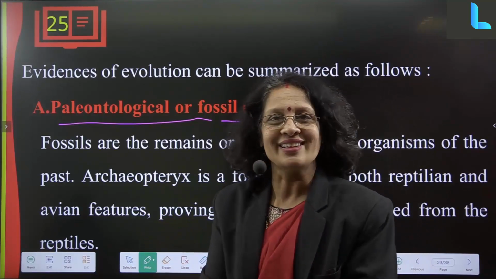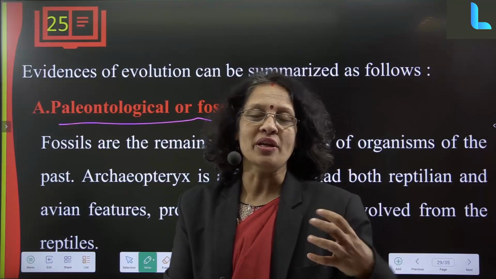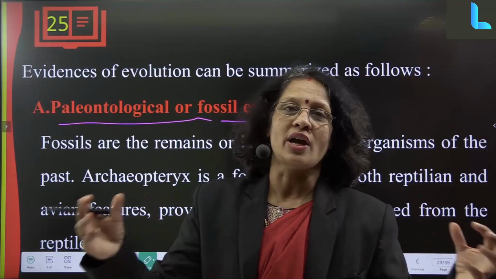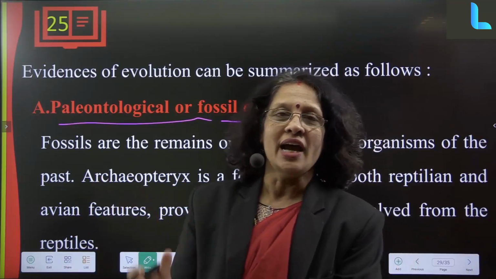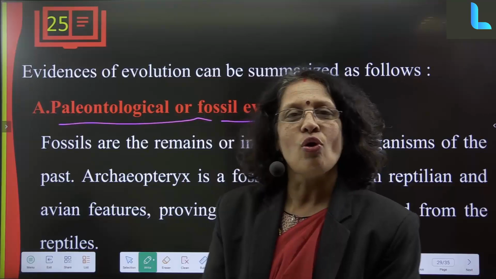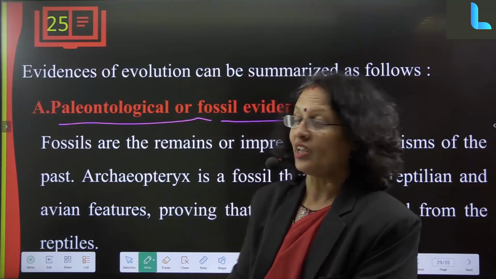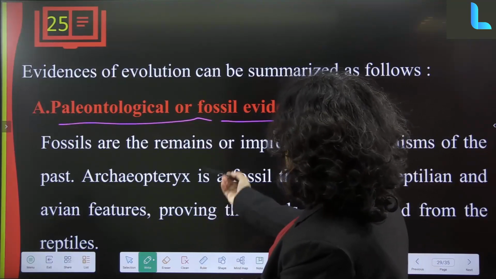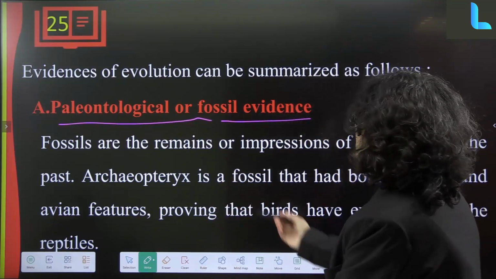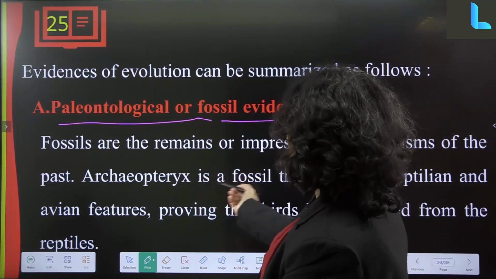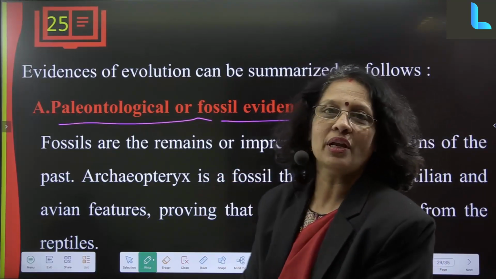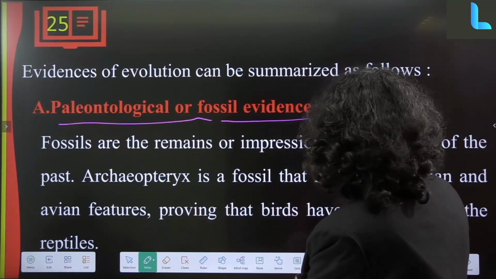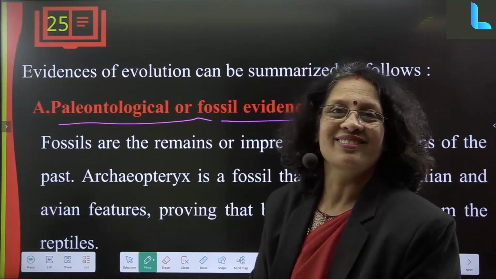In that, dinosaurs don't exist now, but you can get an idea of how the dinosaurs would have been, what their structure, size, shape, muscles and walking style were, everything. So all these ideas you get from fossils. For example, Archaeopteryx is a fossil that has both reptilian and avian, like bird, features. So what can we prove with this? Birds have evolved from reptiles.